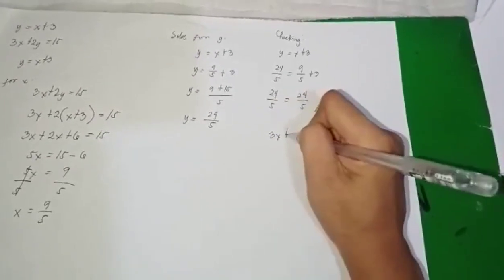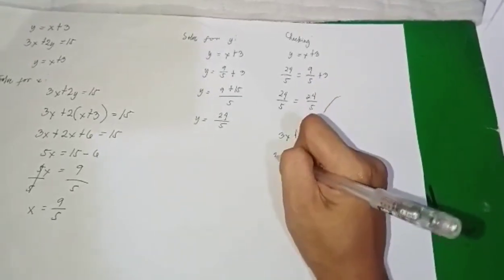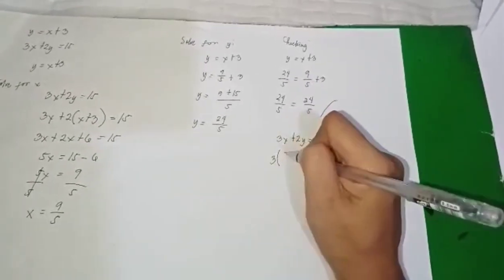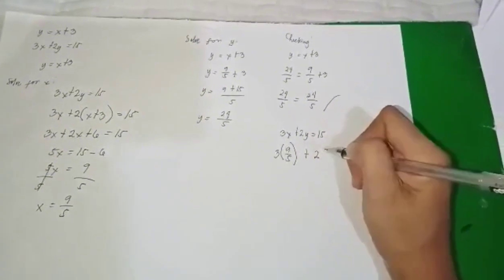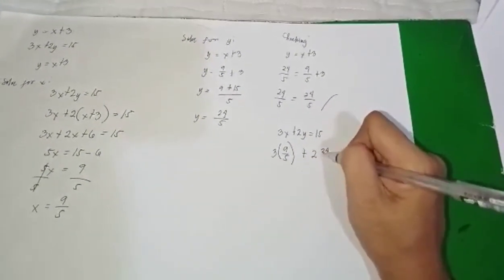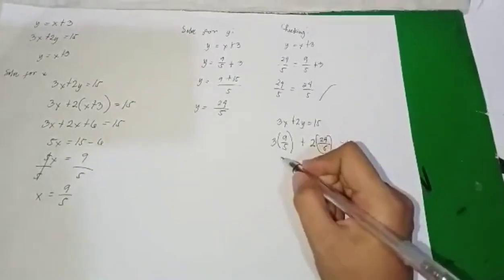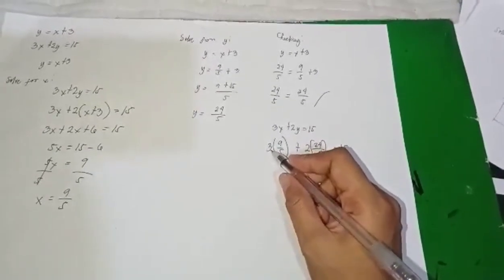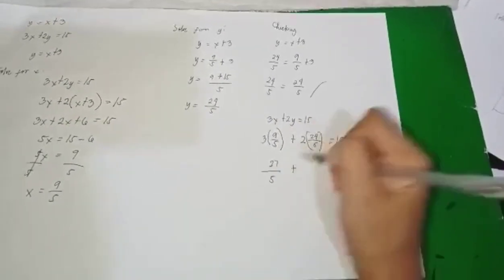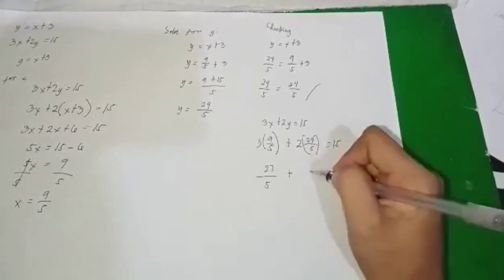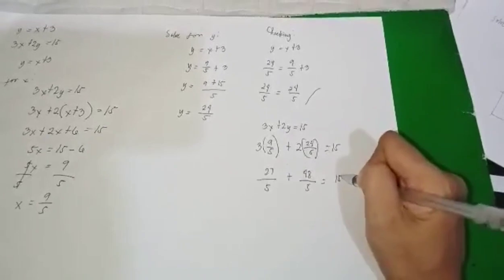So, for x, 3x plus 2y is equal to 15. Then, 3 times 9 over 5 plus 2 times 24 over 5 is equal to 15. So, 3 times 9, 27 over 5 plus 2 times 24, 48 over 5 is equal to 15.